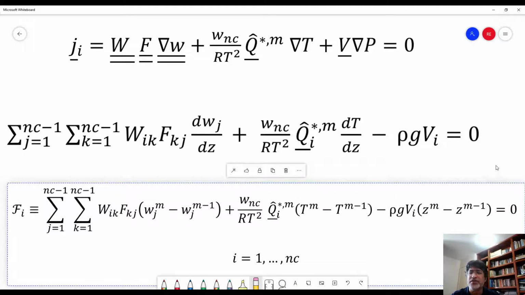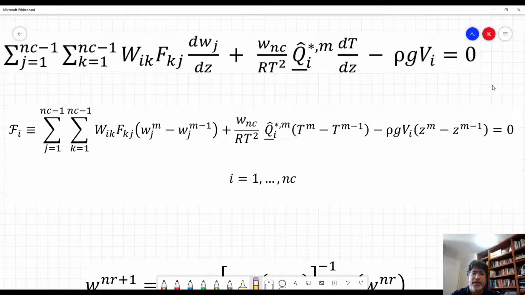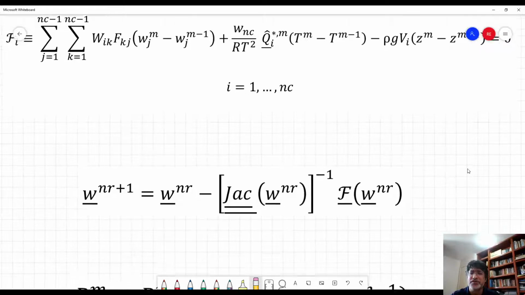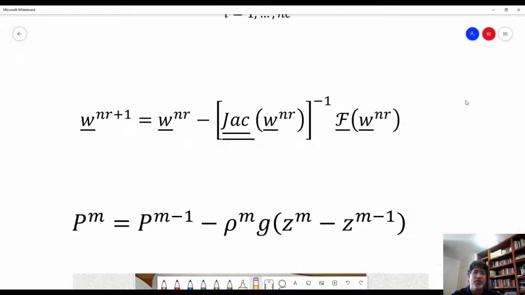If you want to solve this equation by Newton-Raphson, you will have to write the variable updating in terms of the Jacobian of this function.